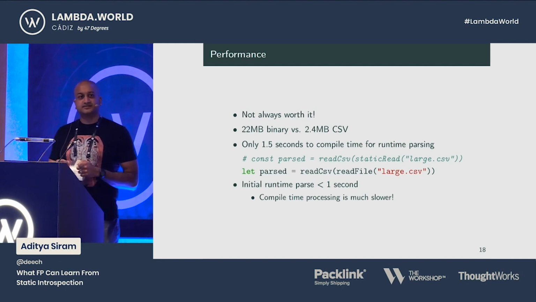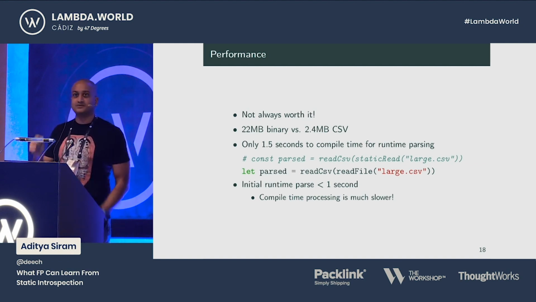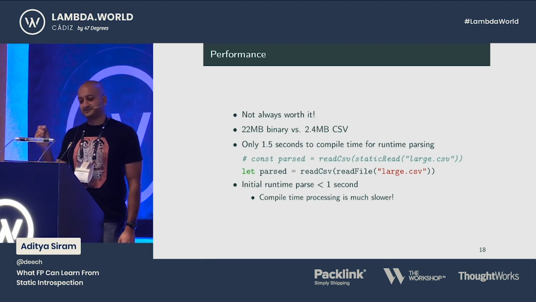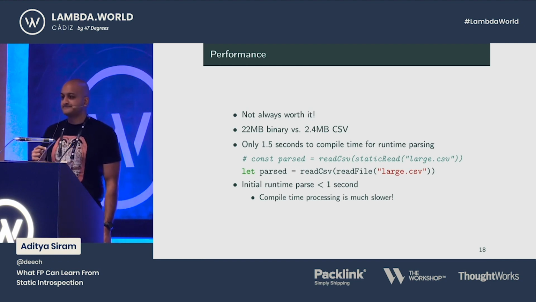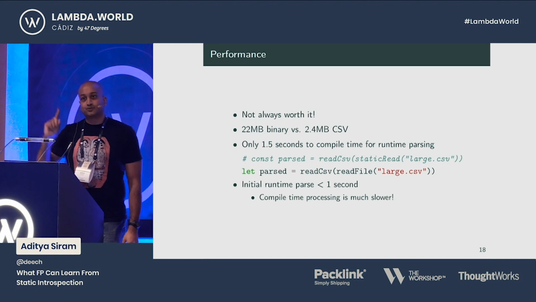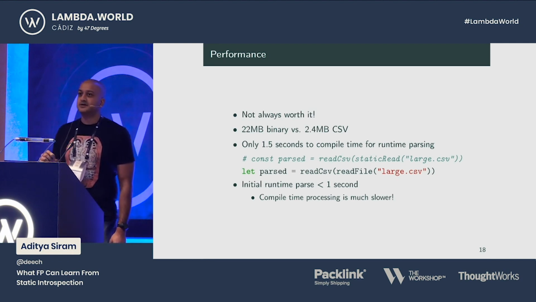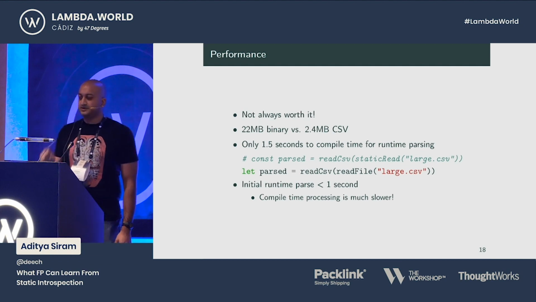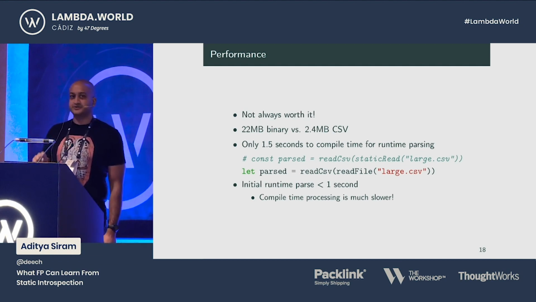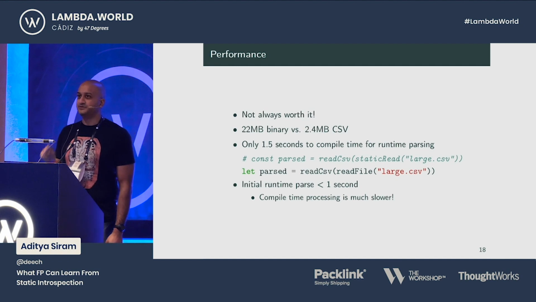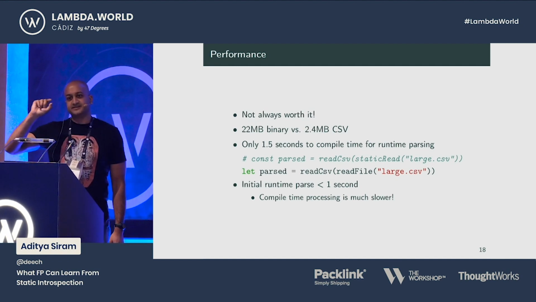That's still a little on the high side, and I have to figure out why, but that's still almost an 8 to 9x decrease in compile times. And the initial runtime parsing of that CSV file took under a second. So what that means is that by using compile time evaluation for this particular example, in my opinion, we've lost. We haven't gained anything. We've lost a lot for that instant lookup.